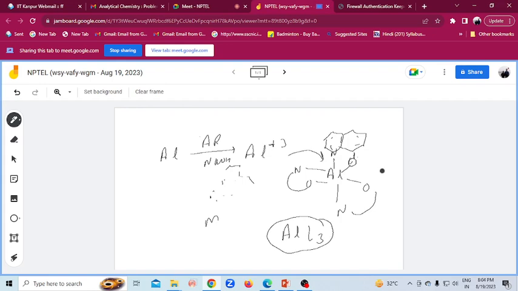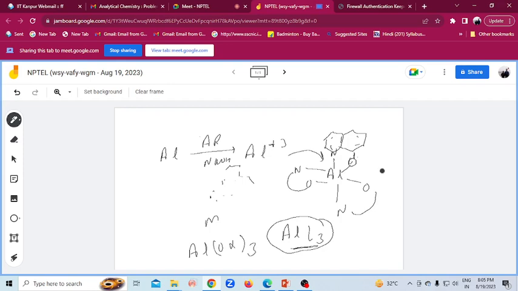Overall this molecule will be neutral, because one molecule of 8-hydroxyquinoline provides one negative ion. So 3 ligands will provide 3 negative ions, and overall this will be neutral. We can write it as AlL3, or like Al(OH)3.